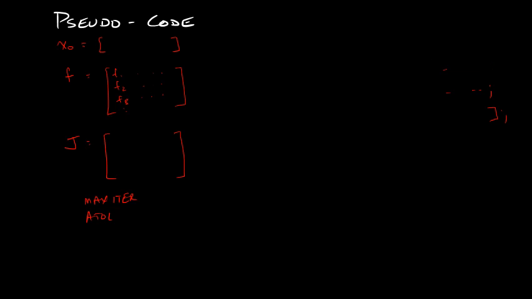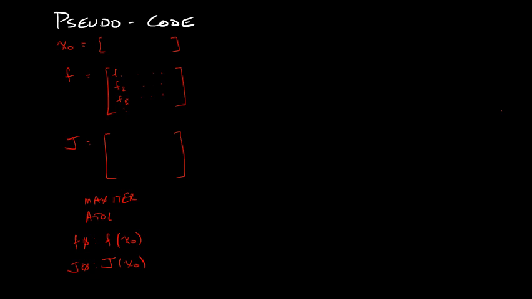So that might be a nice thing to have in there as well. And then we need to initialize our initial conditions, right? f0 is my function evaluated at our guess, and j0 is the Jacobian evaluated at that guess.